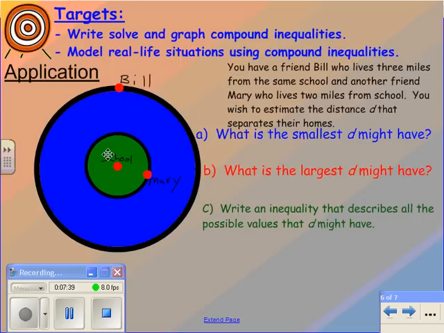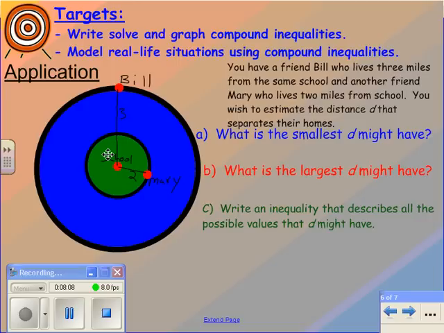So now that we have our picture set up, it says Bill lives 3 miles from the school. So if I just drew a line straight to Bill's house, that would be 3 miles. And then it says Mary lives 2 miles from the school. So if I drew a line to Mary's house, that would be 2 miles.